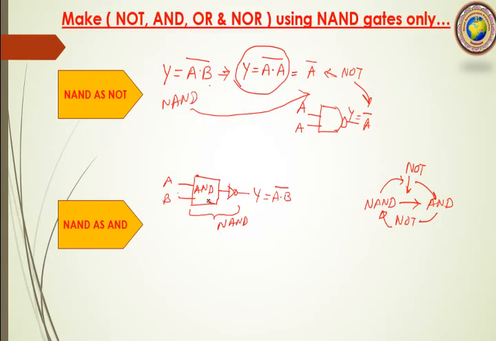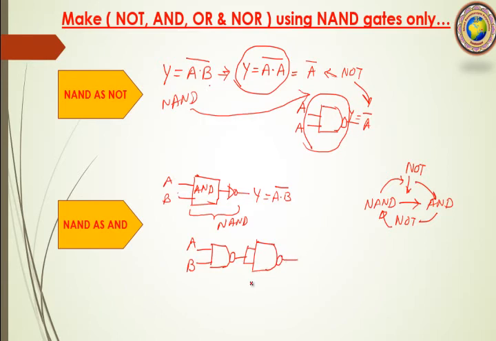Now we want to develop the AND gate. So you take one NAND gate with A and B. Now we want to convert it, because to get AND from NAND you use a NOT, but we know that the NOT will be designed the same way here. So we take a NOT gate here.